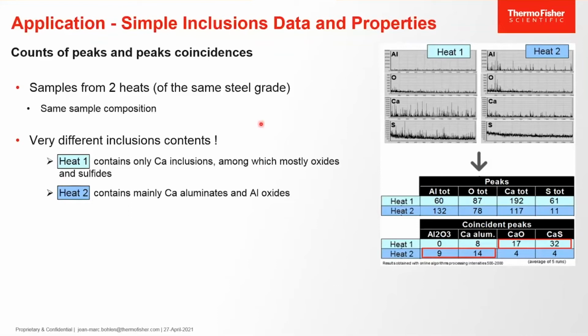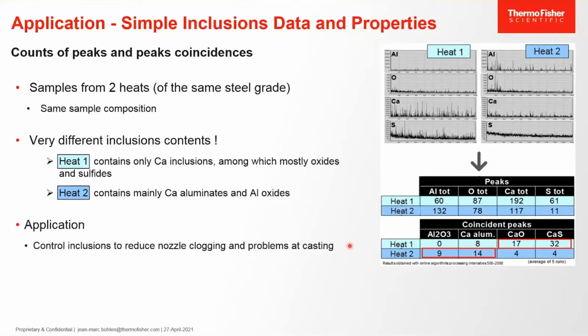The sample of heat 1 contains only calcium inclusions, oxides and sulfides mostly, while the sample of heat 2 contains mainly calcium aluminates and aluminum oxides. So, very different content of the two samples, which probably has some consequences in some applications or for some customers.